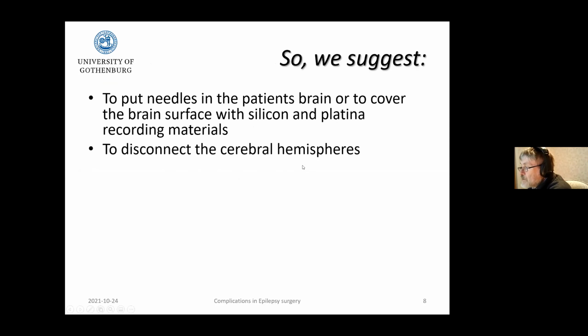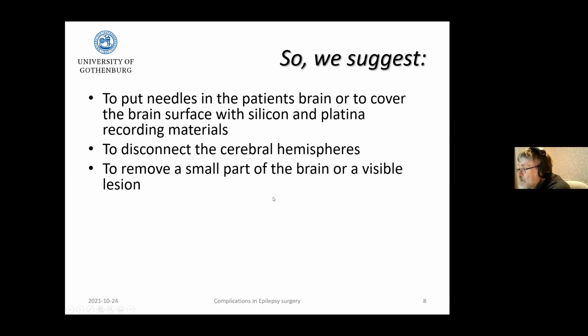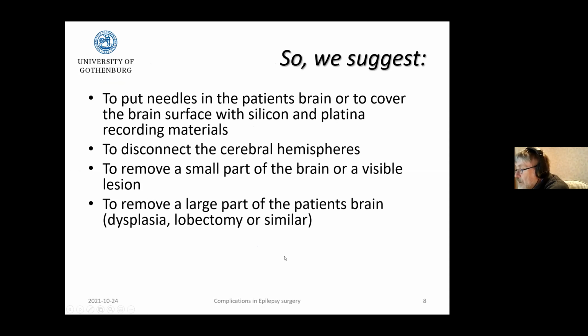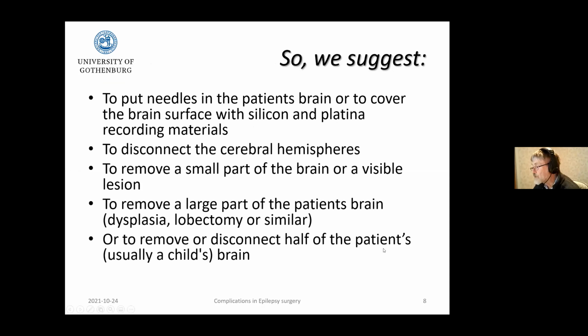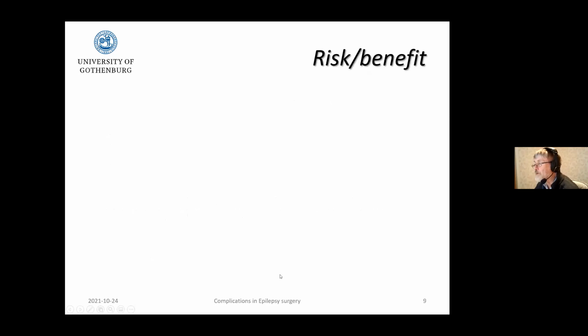We suggest to disconnect the cerebral hemispheres, to remove a small part of the brain or a visible lesion. We suggest to remove a large part of the patient's brain, or actually to remove or disconnect half of the patient's brain, and in that case it's usually the child's brain.